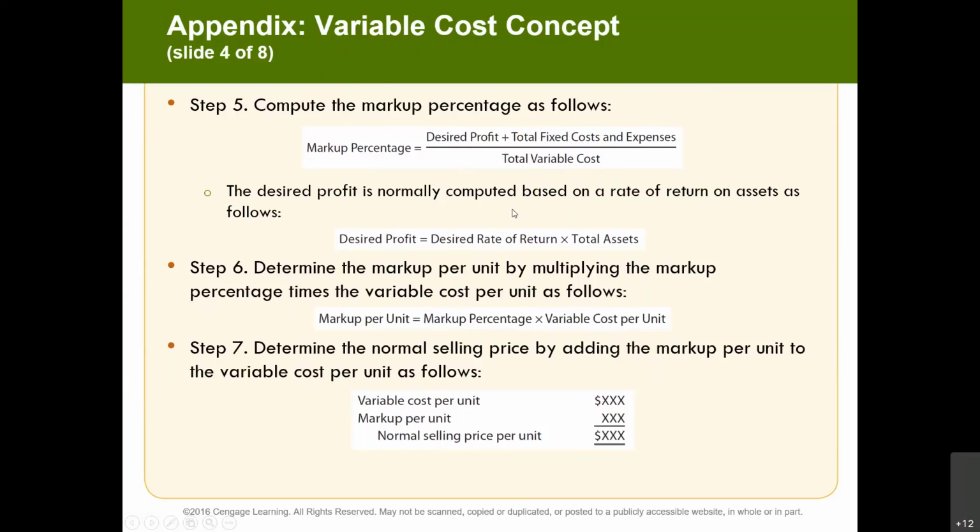The desired profits are only computed by taking the desired rate of return times the total assets, just like you've done before. Then we take our markup percentage, multiply that by our variable cost per unit. And then, of course, to get our normal selling price, we take our variable cost per unit, add in our markup per unit to get our normal selling price.